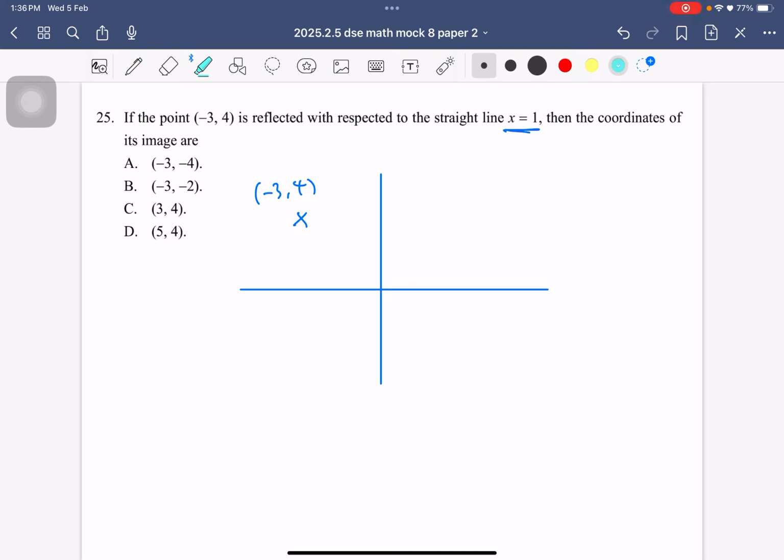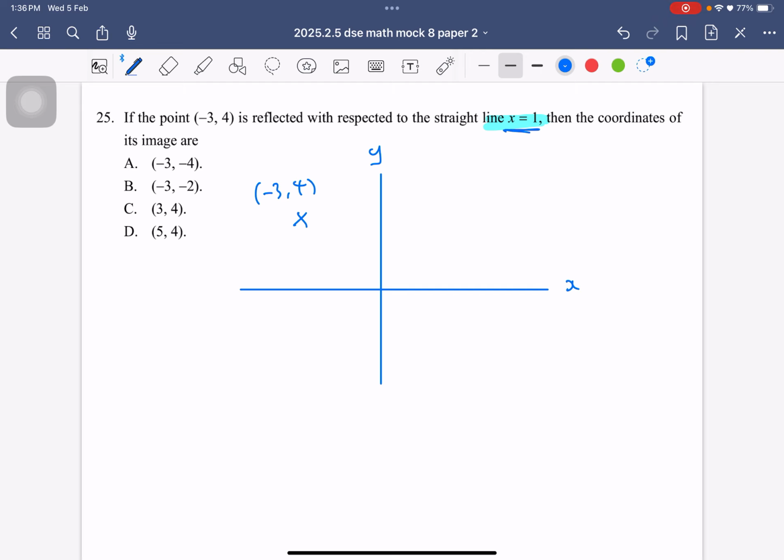But it's going to be reflected through this line, x equal to 1. So where is x equal to 1? Is it the horizontal line or vertical line? It's the vertical line because it's going to be all of the x coordinates. For example, the coordinates can be 1, 1, 1, 2, 1, 3, 1, 4, 1, 5, 1, 6, 1, 7, 1, 8, isn't it?